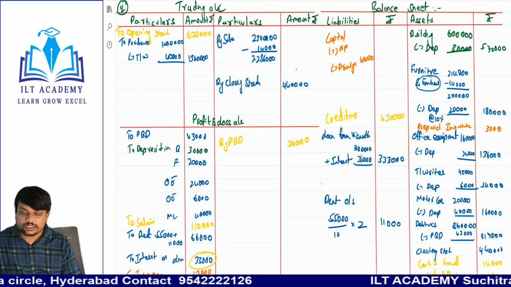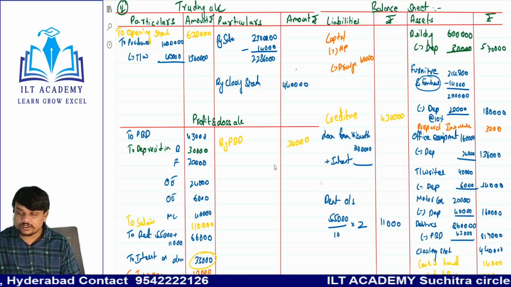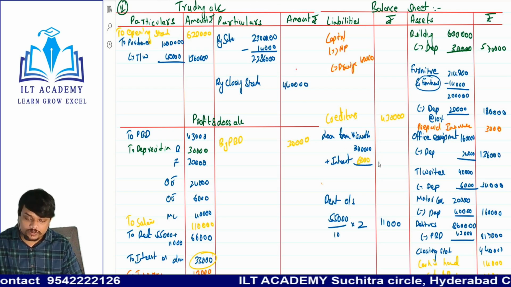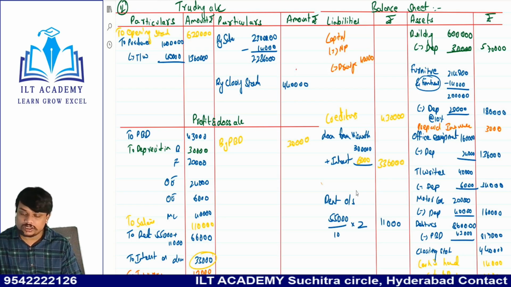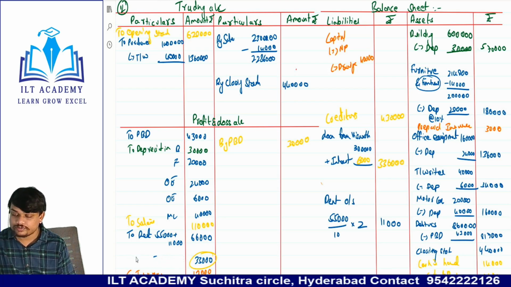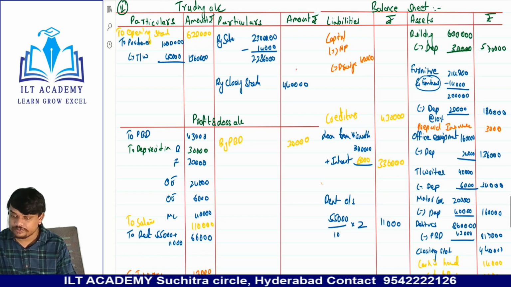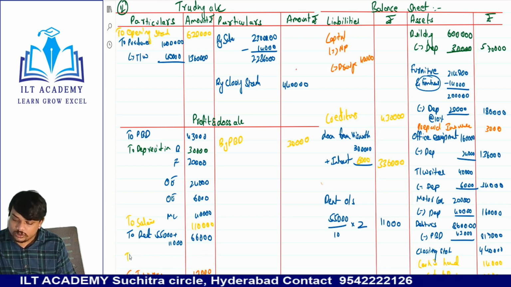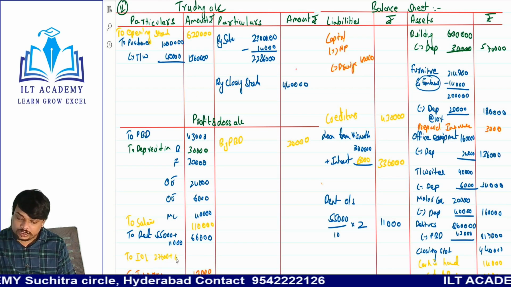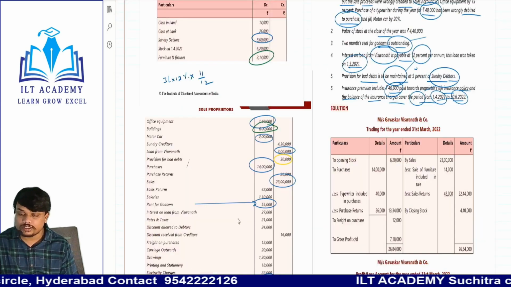Interest outstanding should be taken as only 6,000. Why? Because 27,000 is already given. 6,000, which is 3,36,000, and this is to interest on loan as 27,000 plus 6,000, 33,000. Next.